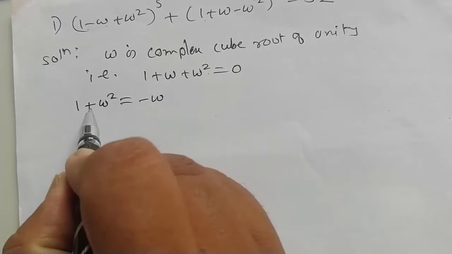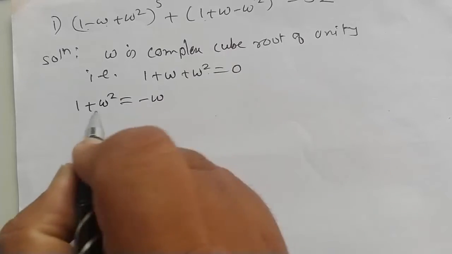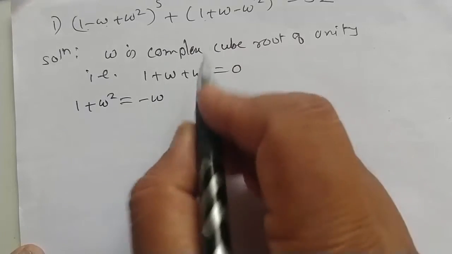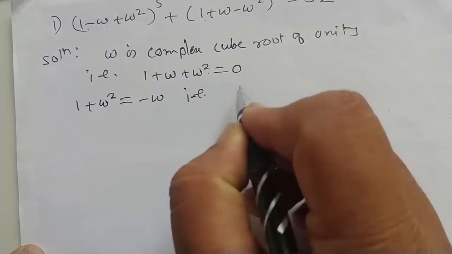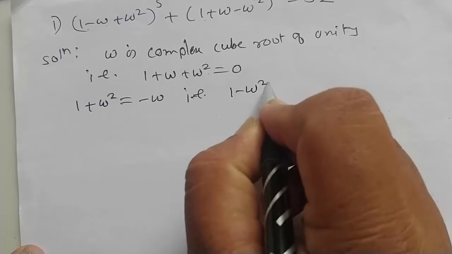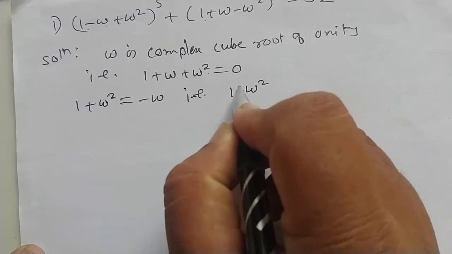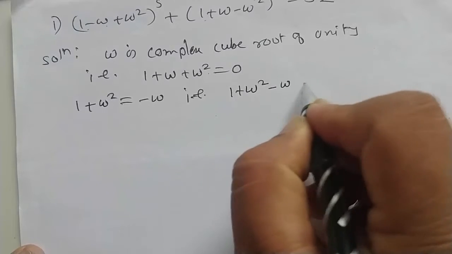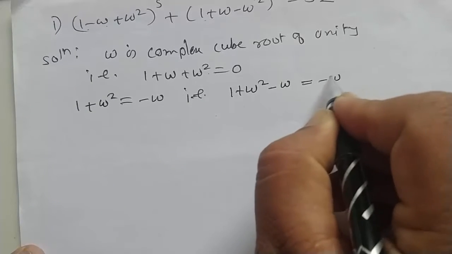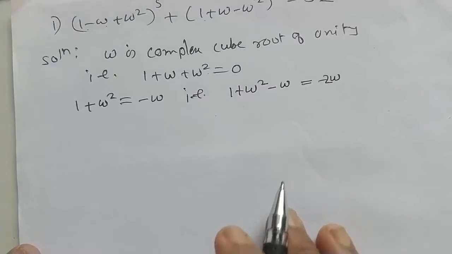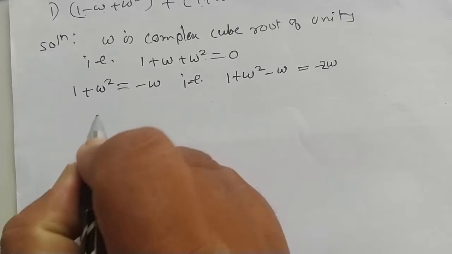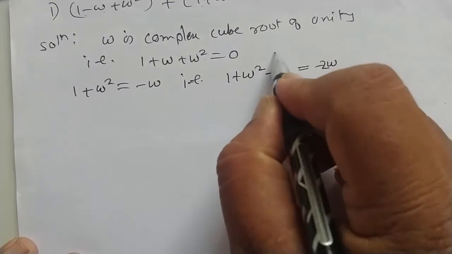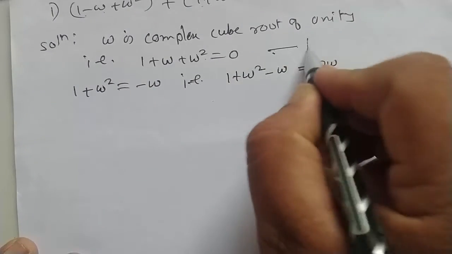We add minus omega to both left hand and right hand sides. That is 1 minus omega plus omega square is equal to minus 2 times omega. This is equation number 1.